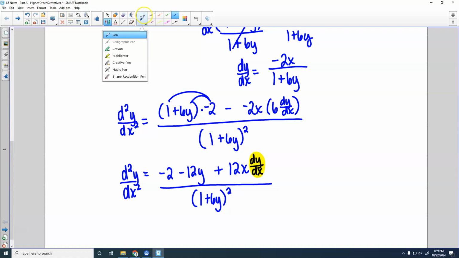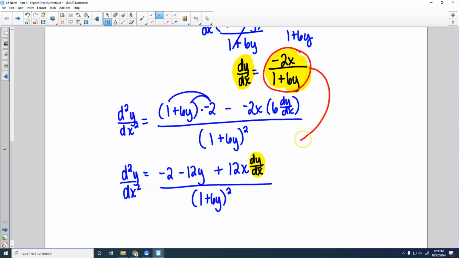What is dy/dx? We found the first derivative for this problem, right? So we're going to take this right here and plug it in right here, which, not bad, but it's going to cause us to have a complex fraction, right?